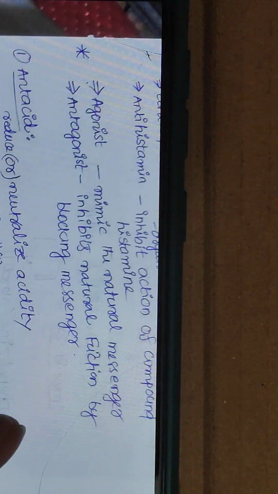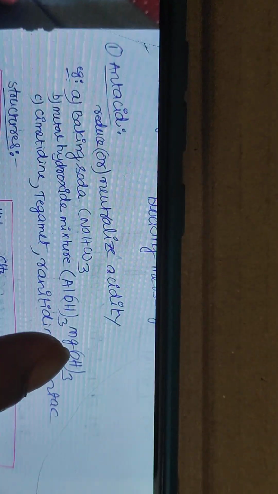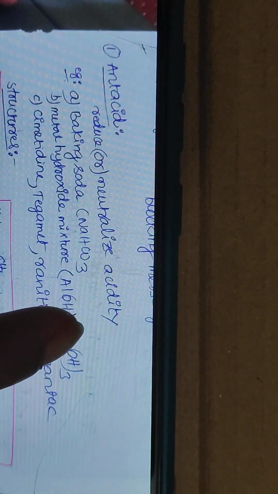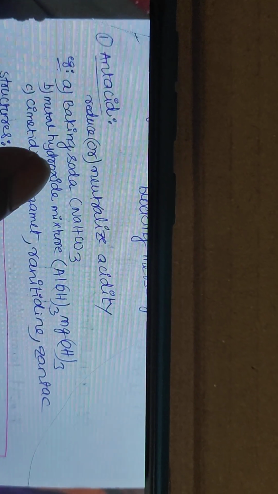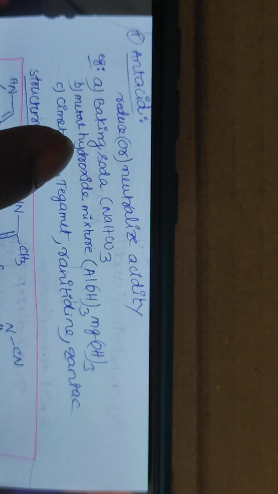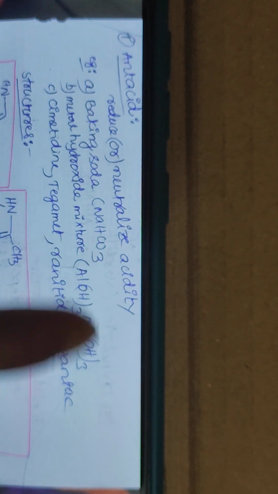Next, antacid. Antacid means reduce, neutralize acidity. So antacid means it will decrease or reduce acidity. Some of the chemicals used as antacids: first one is baking soda, formula NaHCO3.